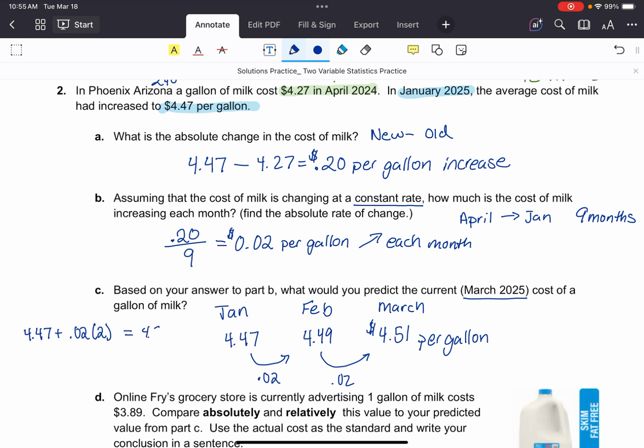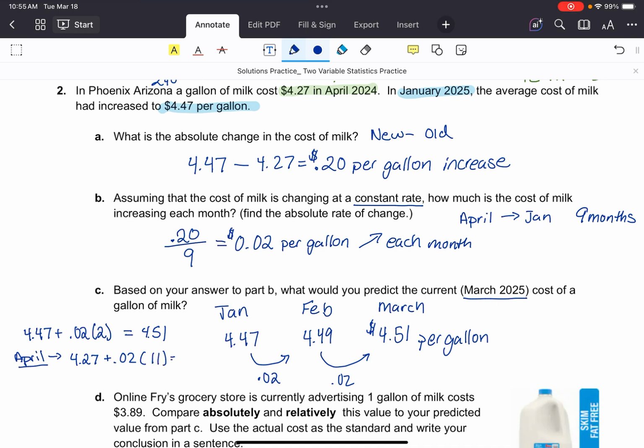Now, if you did this and you made April your initial value, you're going to get a slightly different answer, because of that rounding from our absolute rate of change. So just a heads up, if you did use April as the initial, then you'd start at 4.27 and you'd add those 2 cents for 11 months.